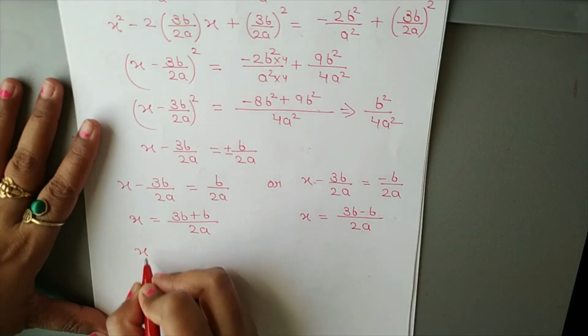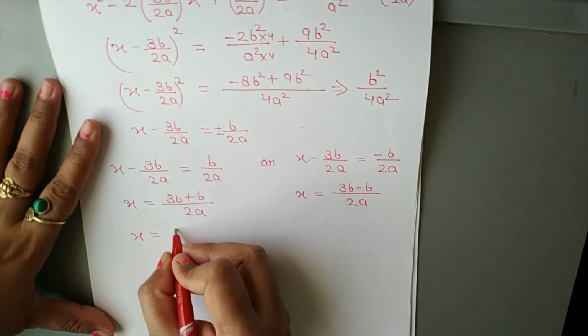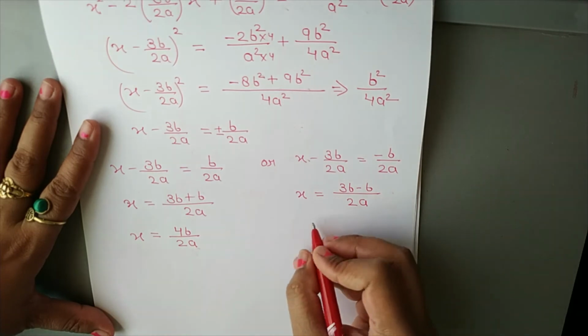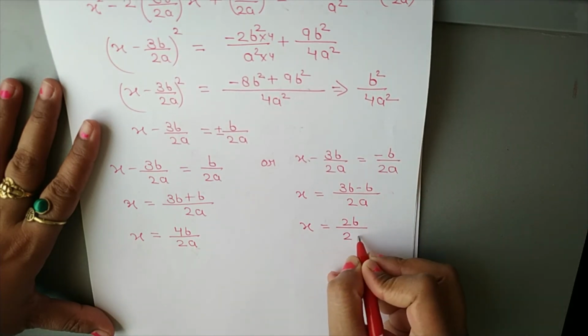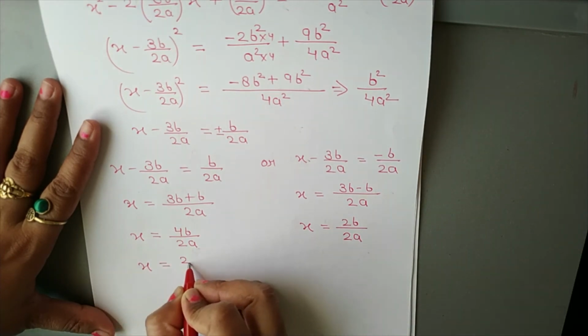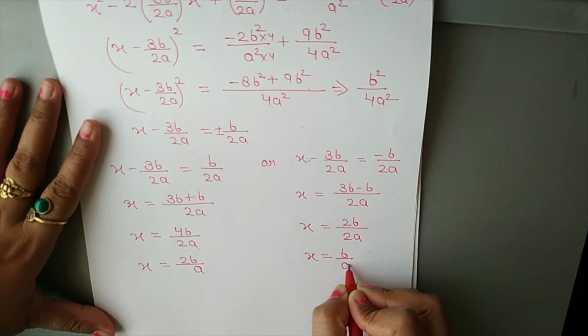So it will be 4b/2a, and x = 2b/2a. So x = 2b/a, and x = b/a.